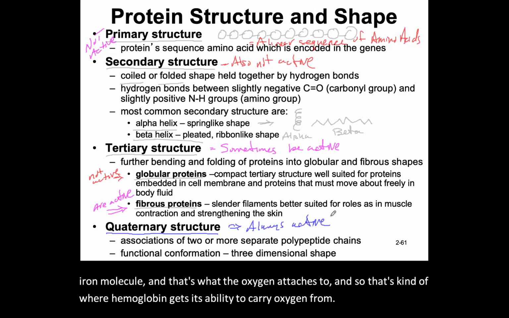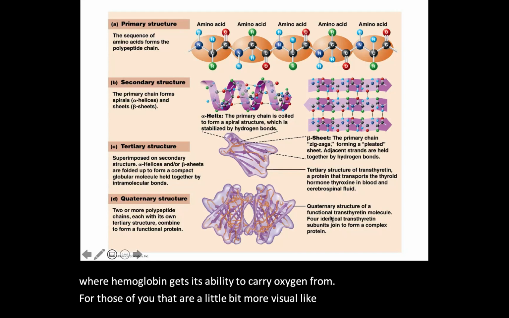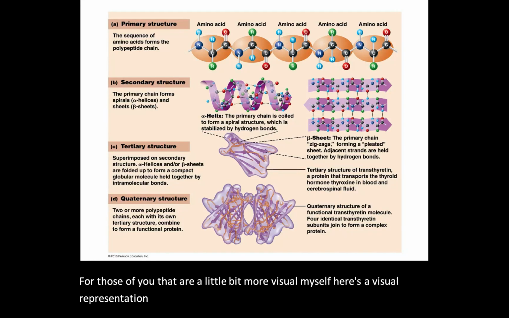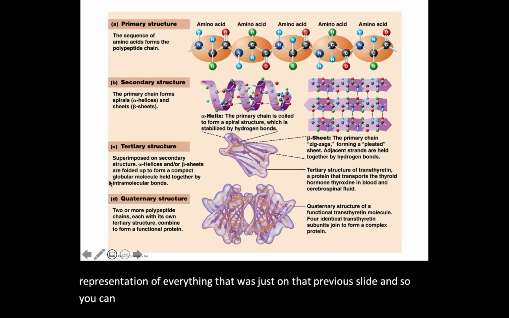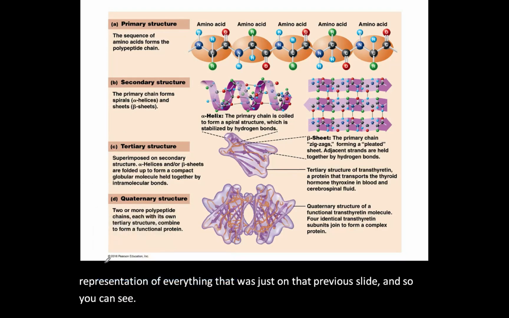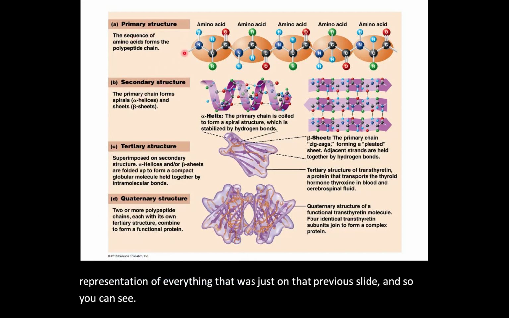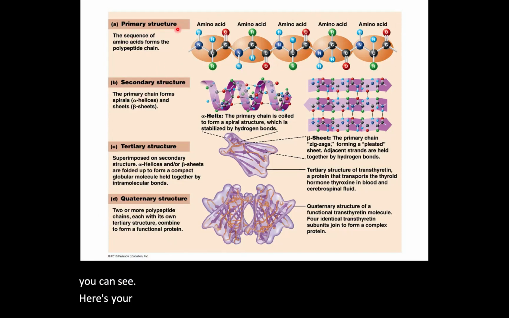For those of you that are a little bit more visual, like myself, here's a visual representation of everything that was just on that previous slide. Here's your primary structure. Literally, it is a linear strand of amino acids.